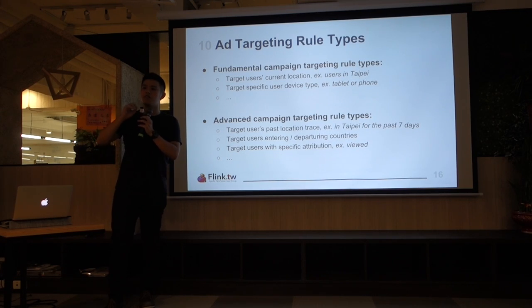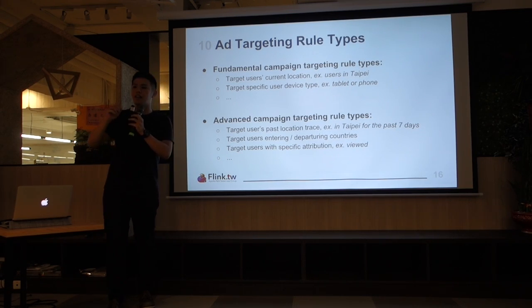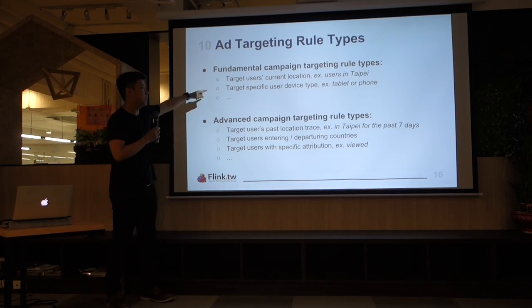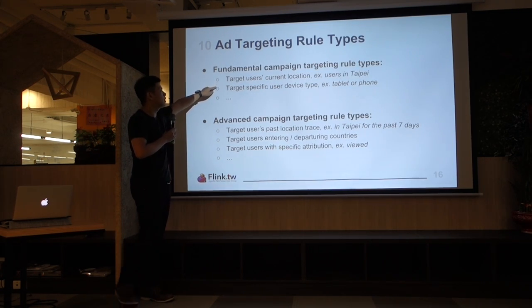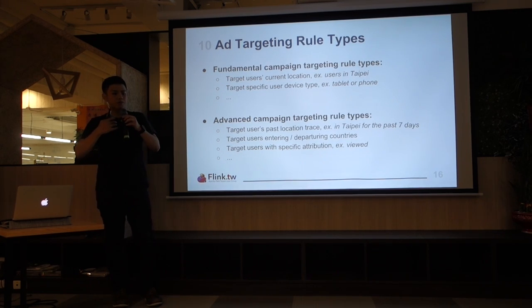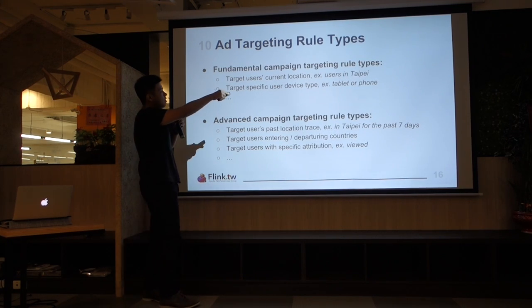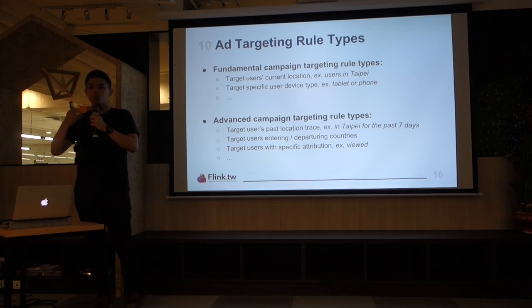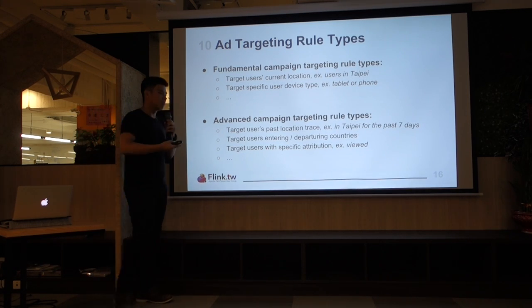So only give this advertisement, let users in Taipei see this advertisement. This is basically what this is saying. The second part is I want to target people who are using tablet or phones. Now, this is fairly simple because I can determine what campaign to give right away on request.